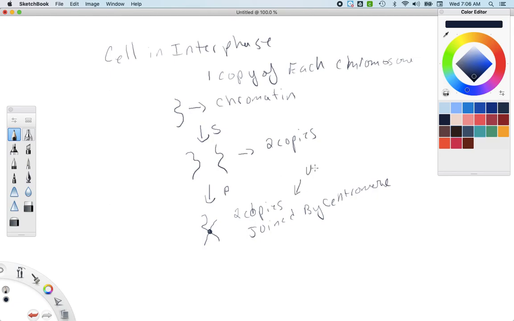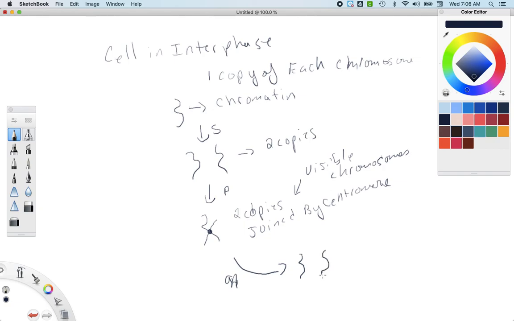So now we have visible chromosomes. They will stay that way till we go to anaphase, when the centromere splits at the end of metaphase.